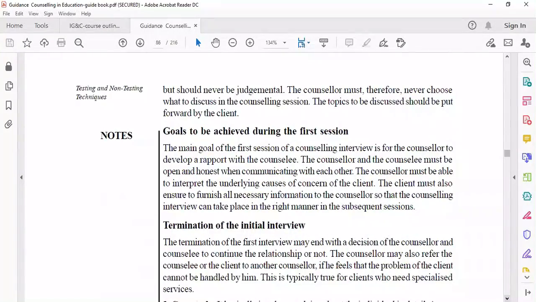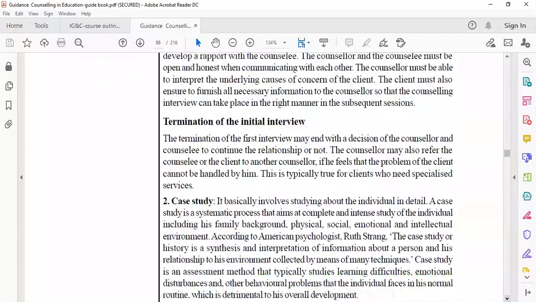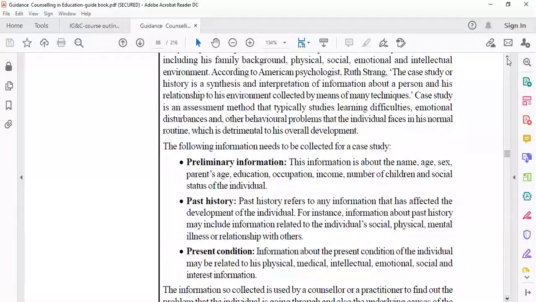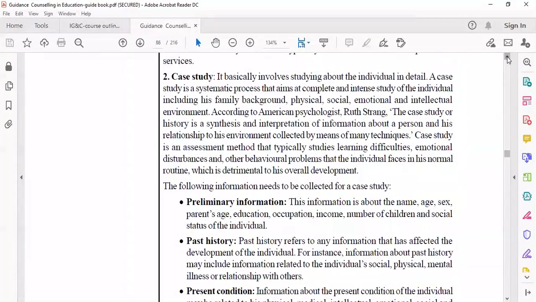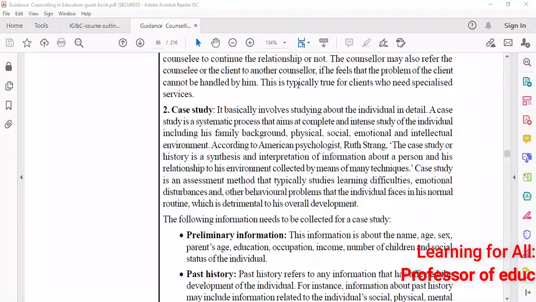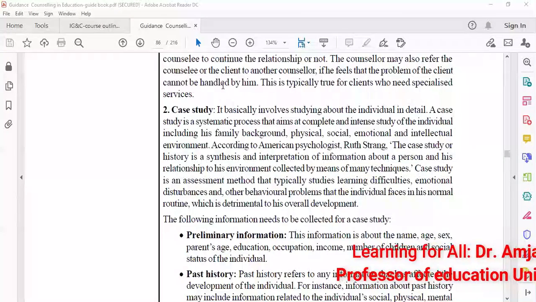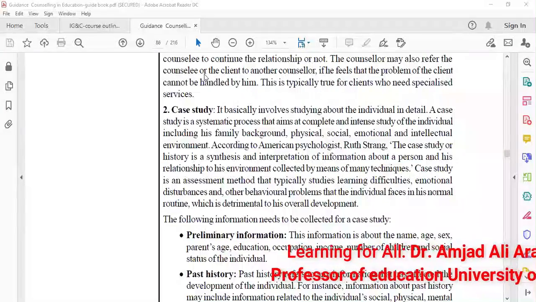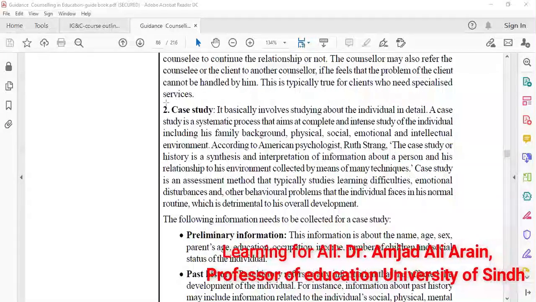These non-testing tools are also called qualitative approaches. Now we come to the third one. The third one is the case study. Case study is a means of collecting information. Through that means, we collect information from our students, and it is a case study.